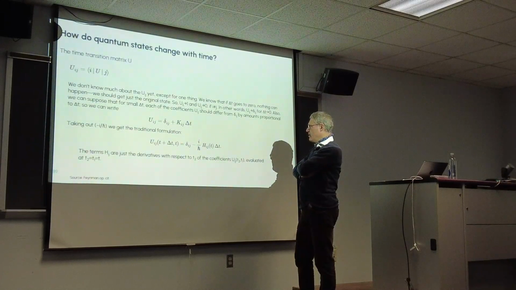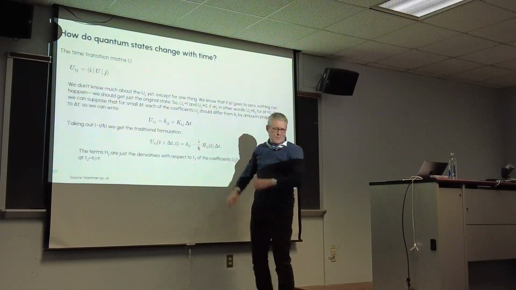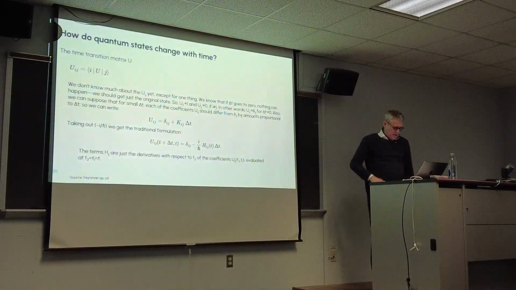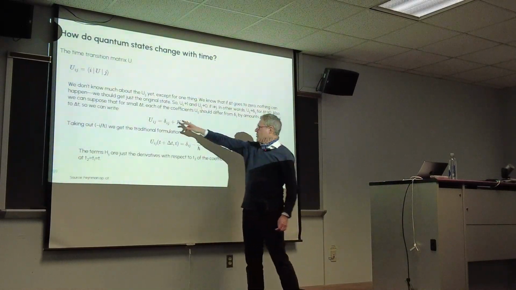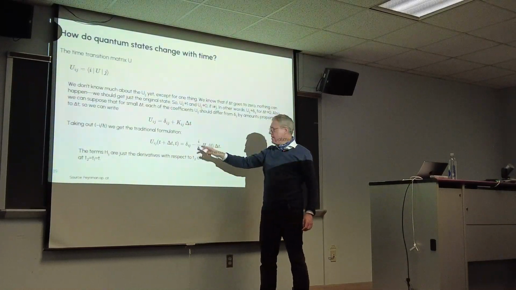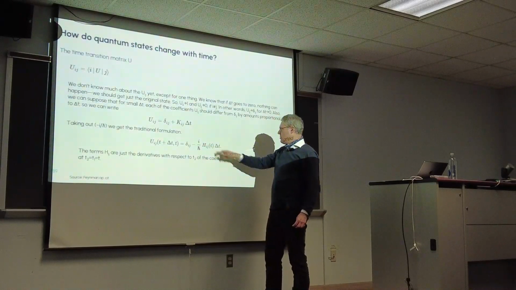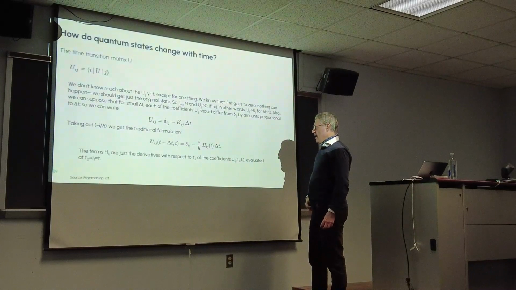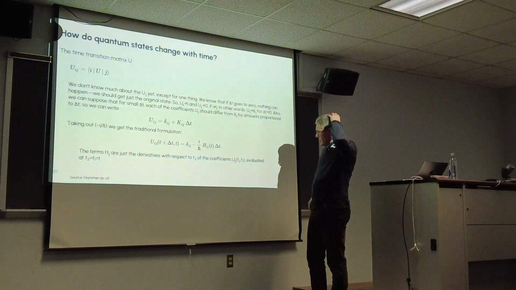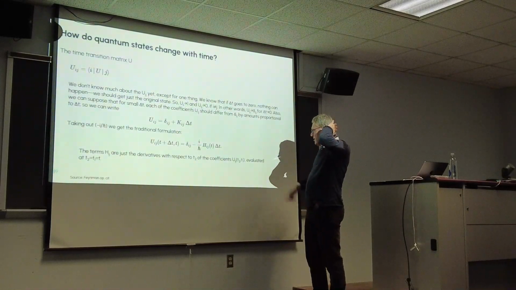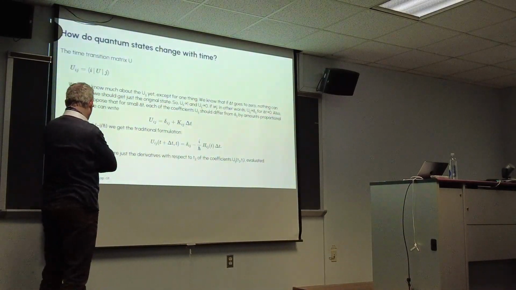Say we have a factor that we always have in the exponential, the imaginary i divided by h-bar. Now we factor this out. We have to put a minus sign here because we have the i, and then we get H_ij of t times delta t. And so these are the derivatives with respect to t2 of the coefficients evaluated at time t2, t1 equals t.